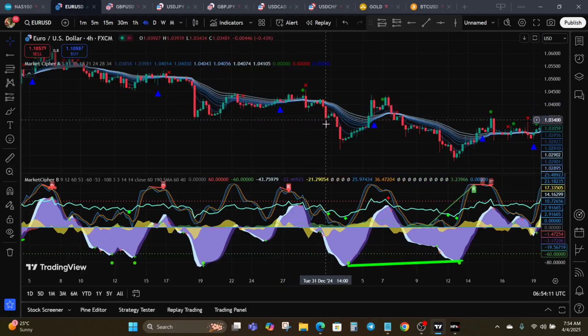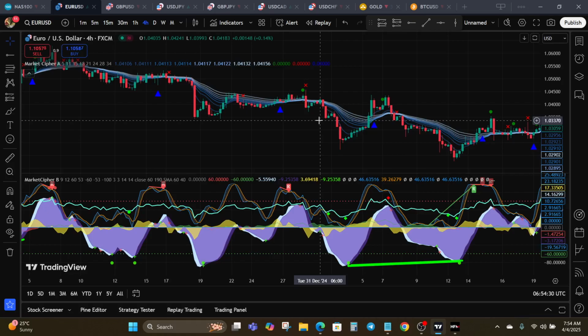Then you look at the Market Cipher B and ensure that this indicator has crossed to the downside, you can see, and this one is trending downward as well. All right, so when you have that happening, that's a confirmation for a sell.